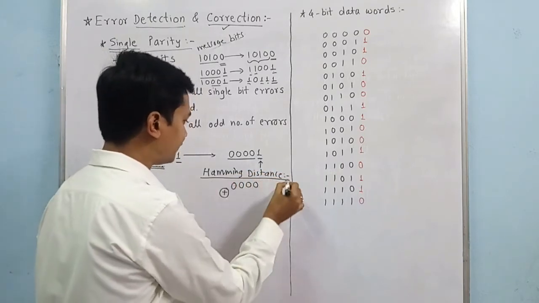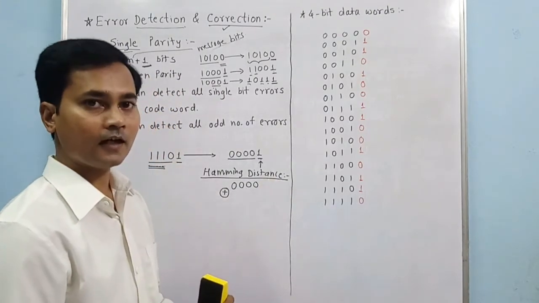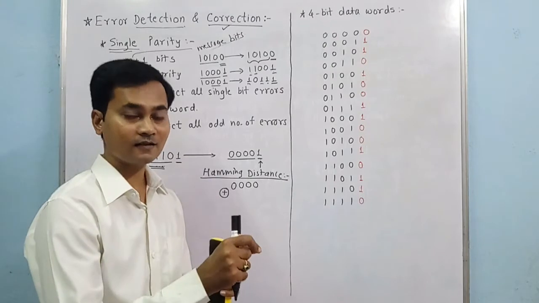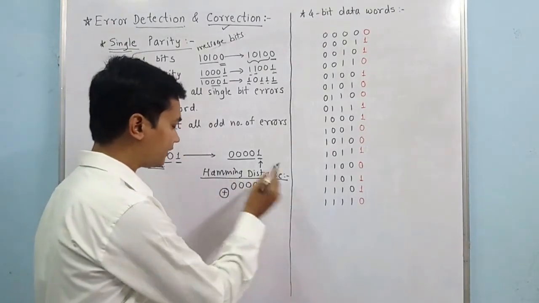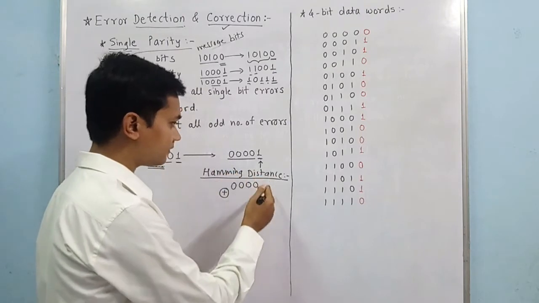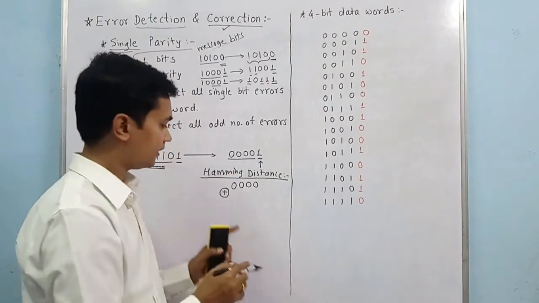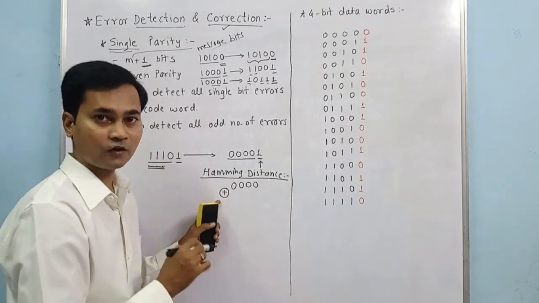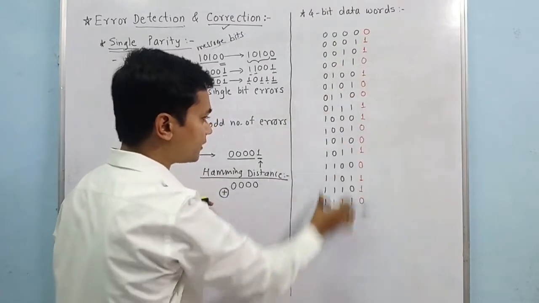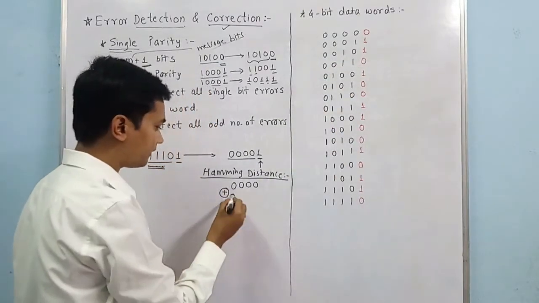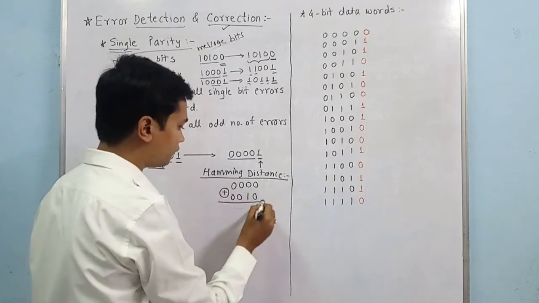So by using Hamming distance, we are able to find out how many bits are in error. So here we use the Hamming distance technique, which can be found by using the XOR operation. So take any 4-bit combination from this. Suppose I write here 0010. Then what will you get here?